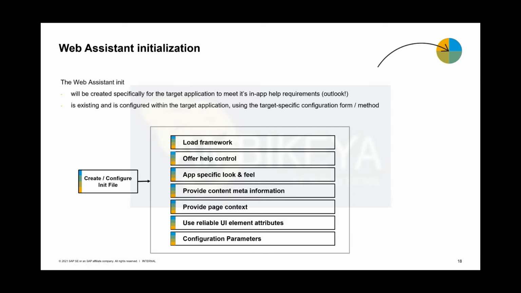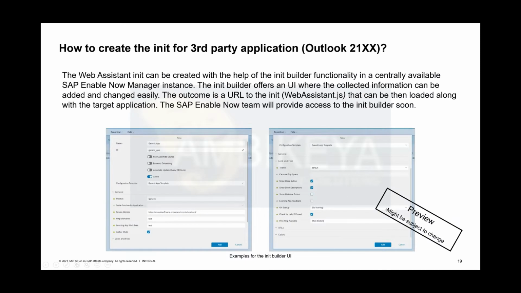Again, just to have it mentioned at least 4 times, consider everything that I'm talking about regarding the simplified third-party integration as an outlook for now. That could be a matter of change, as already mentioned in the bottom right corner. So how to implement, that's our outlook. Yeah, that will happen soon.